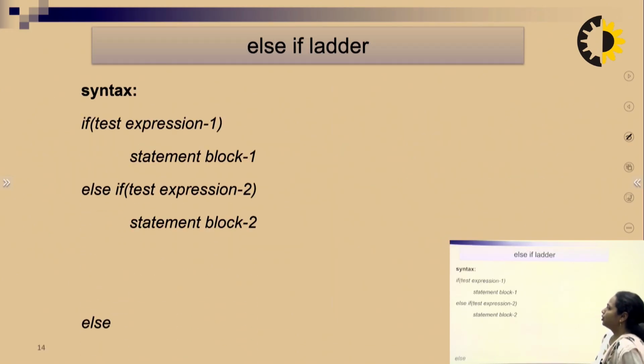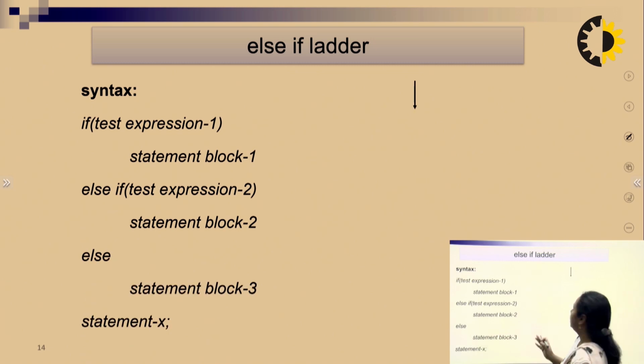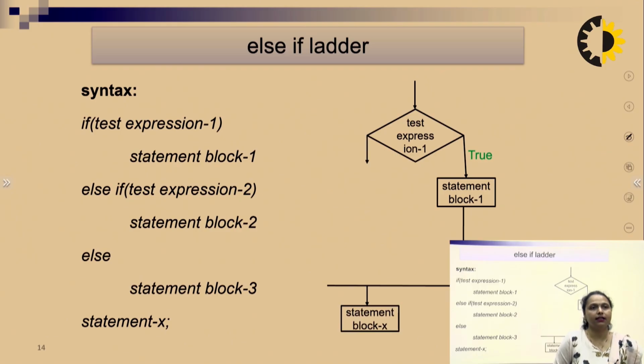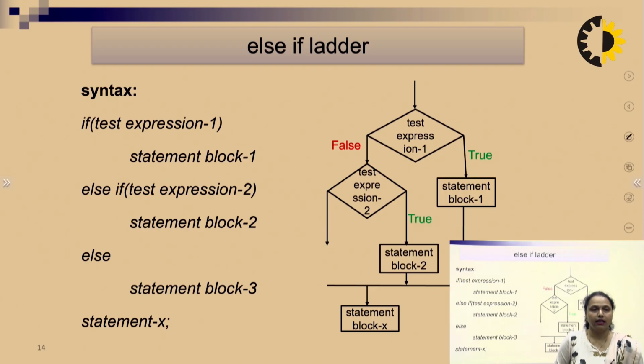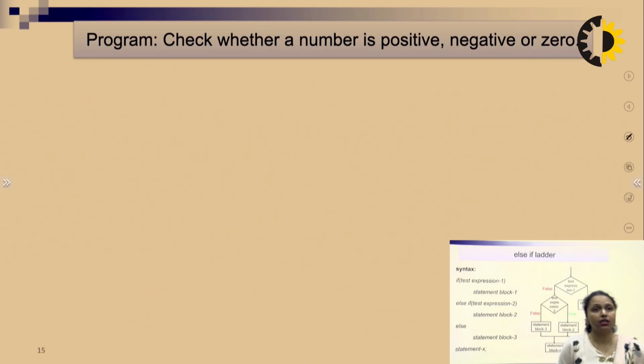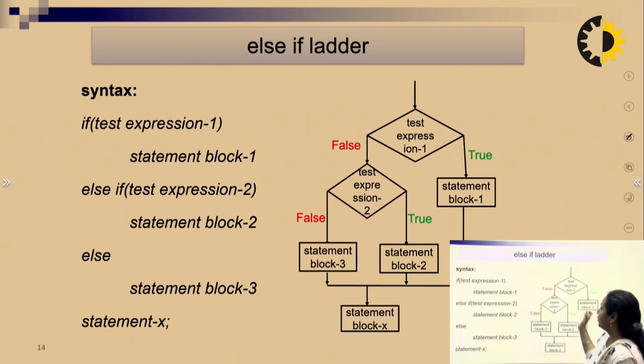Next, the last portion of the if else statement is the else if ladder. What is an else if ladder? It is used when we have multiple options and we want to minimize the conditions being written within the program. It is in a ladder form where first we provide the main condition.